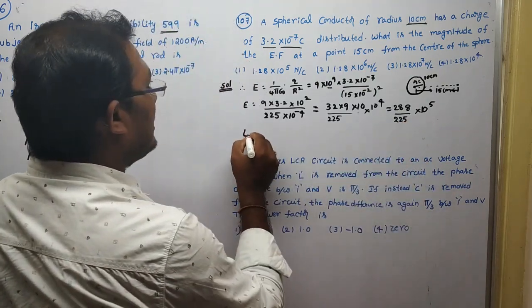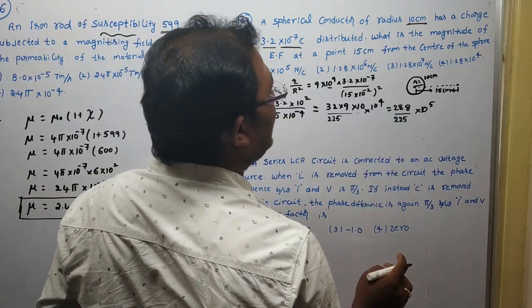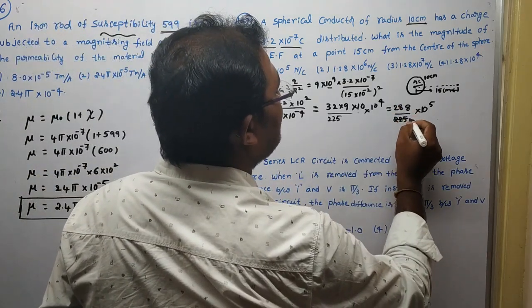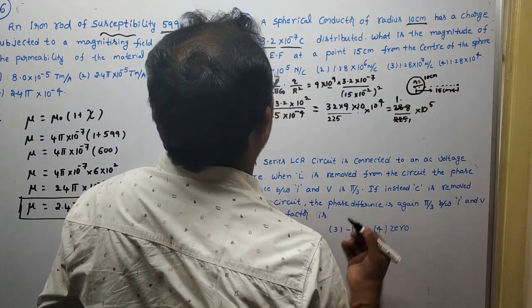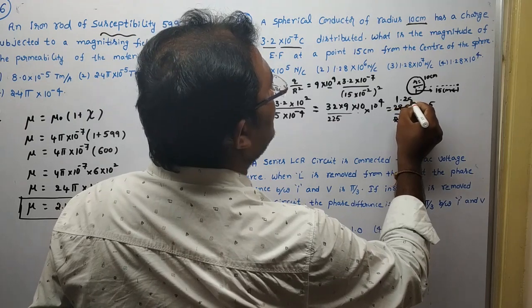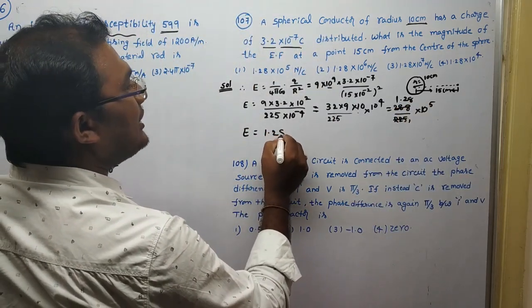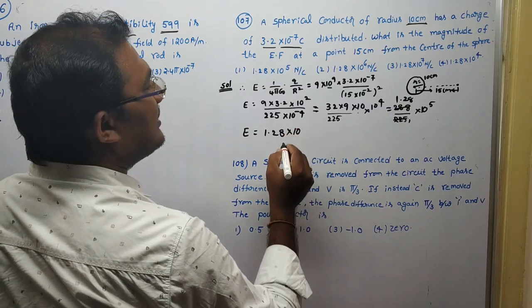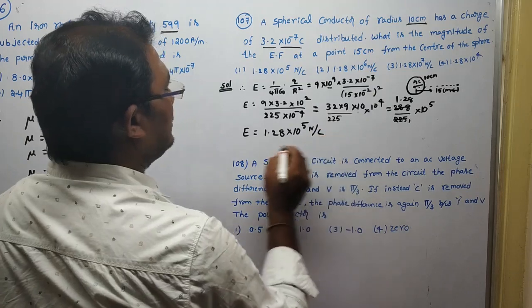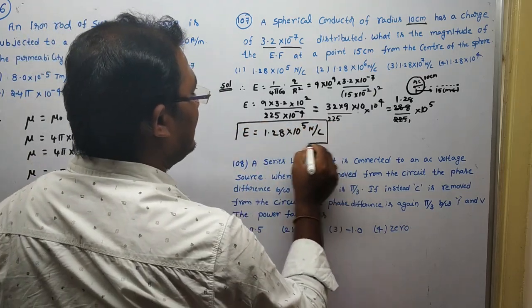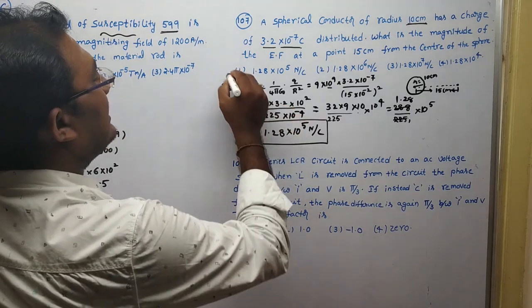So we get the value, doing the calculation, 288 by 225 equal to 1.28. Therefore E equal to 1.28 into 10 power 5 Newton per Coulomb, which is the required answer. Option 1 is the correct one.